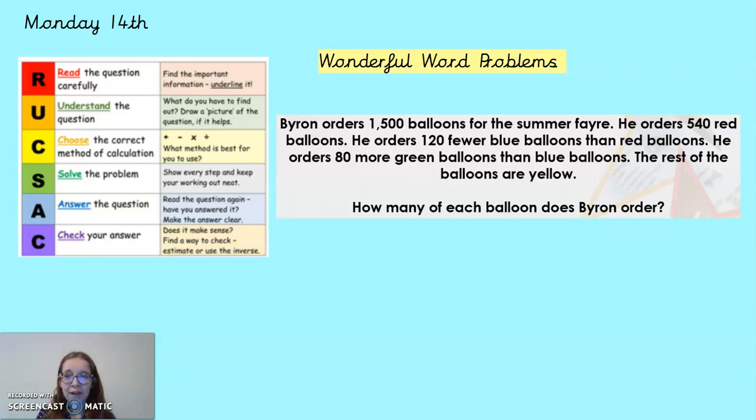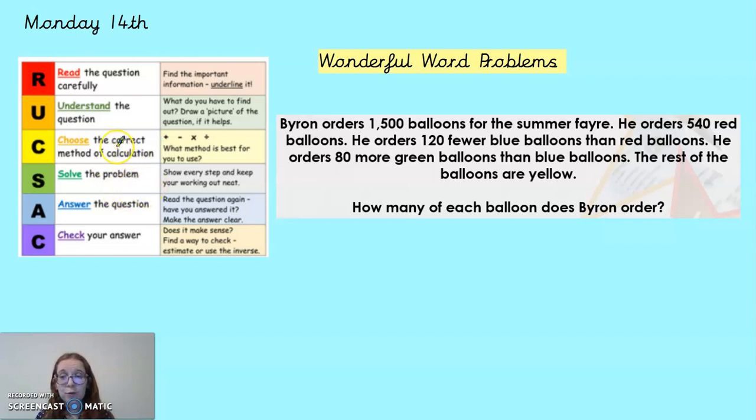Now the top tips today are to remember our rucksack method, where we read the question at least twice, understand exactly what it's asking us to find out, and choose the correct method of calculation. Today that is going to be addition or subtraction, or sometimes both, because we're looking at some multi-step problems.